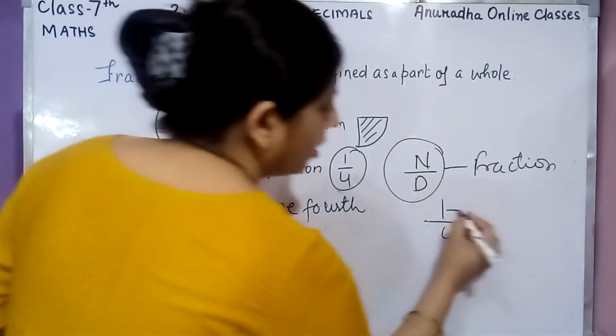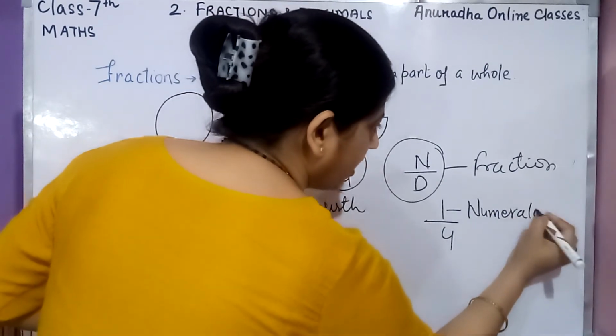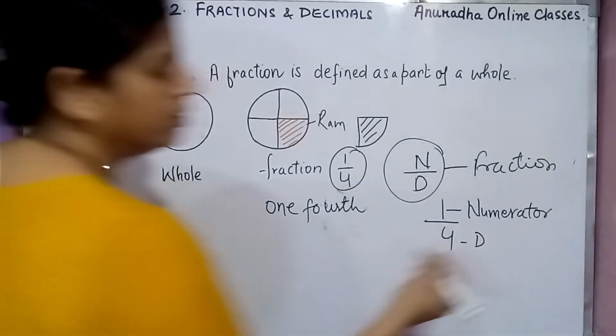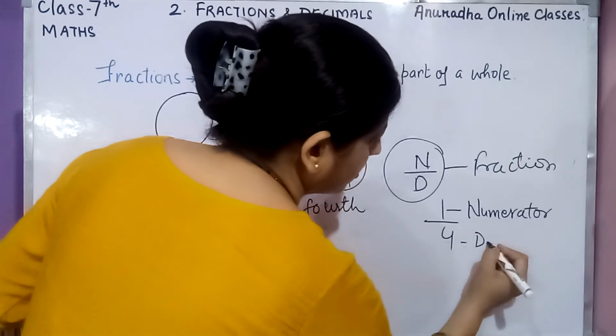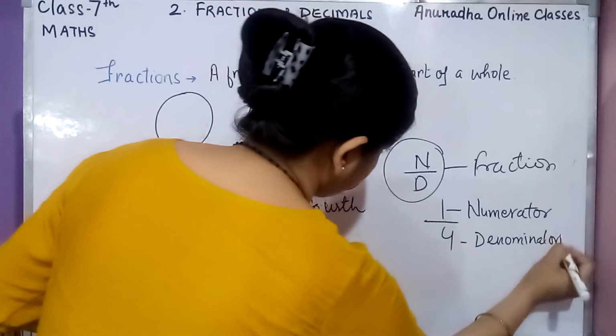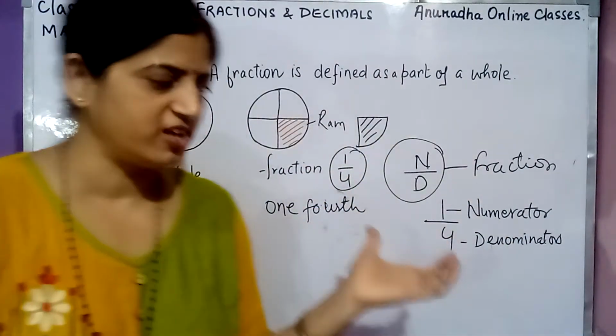So the above is known as numerator and the downwards, जिससे आप divide करते हो, that is known as denominator. Right children?